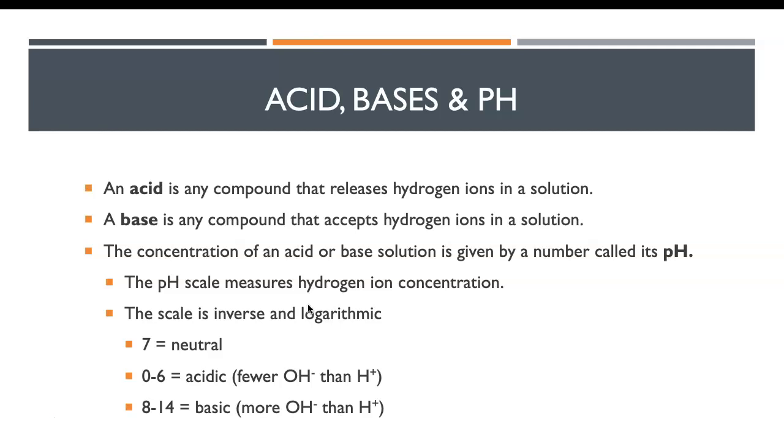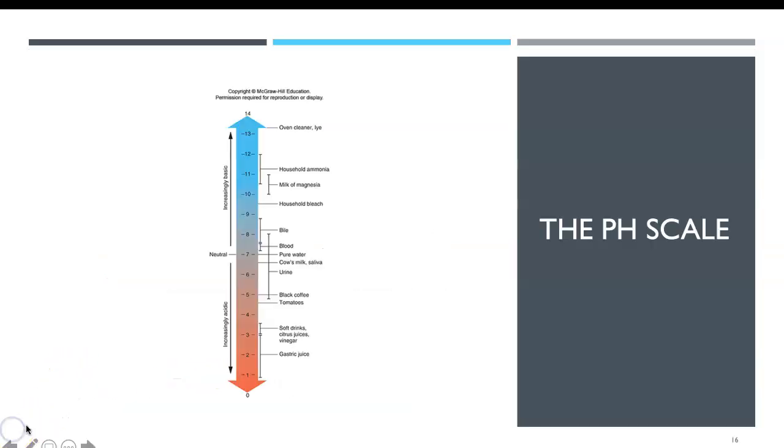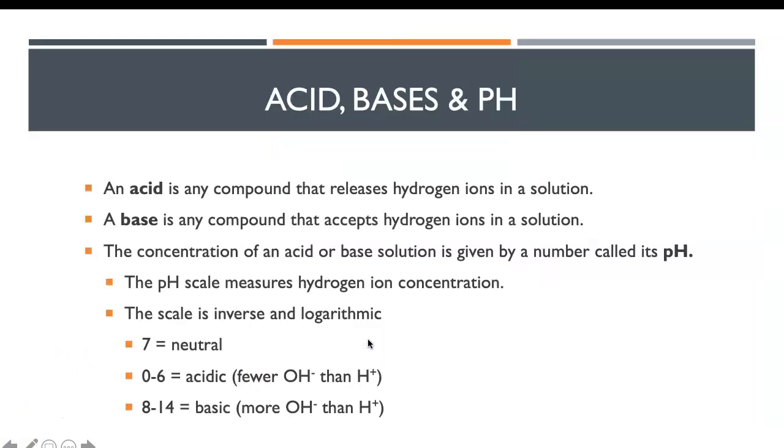In acidic solutions, there are fewer hydroxide ions than hydrogen ions. And in basic solutions, there are more hydroxide ions, so it's more negative. And in acidic solutions, there are more positive charges.